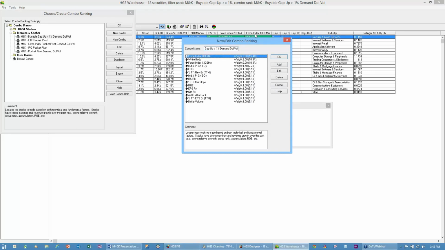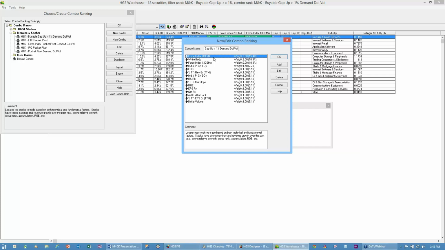It is both technically and fundamentally weighted. So the force indexes, which may be new to some of you, it's a formula by Dr. Alexander Elder, and we've taken his formula and we really use it in a unique way.